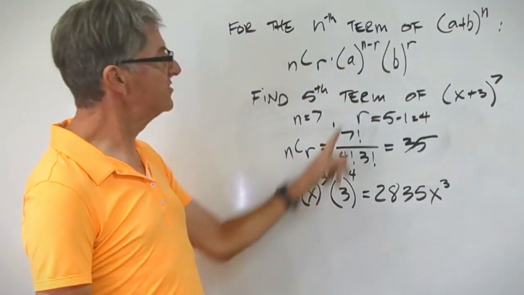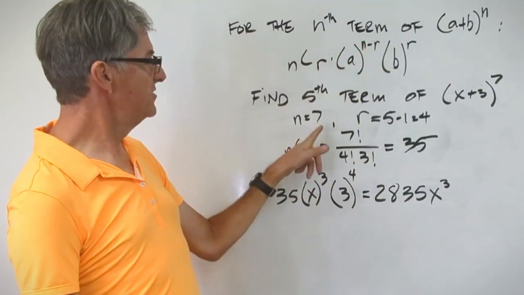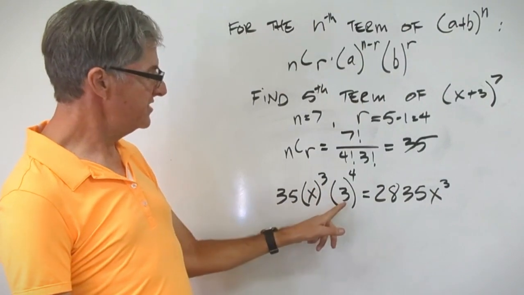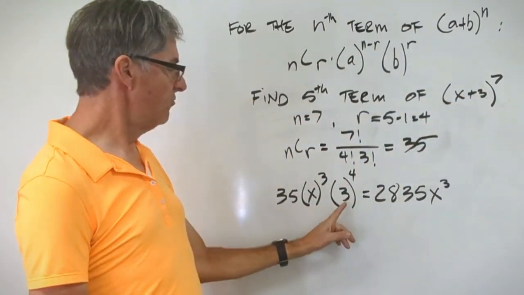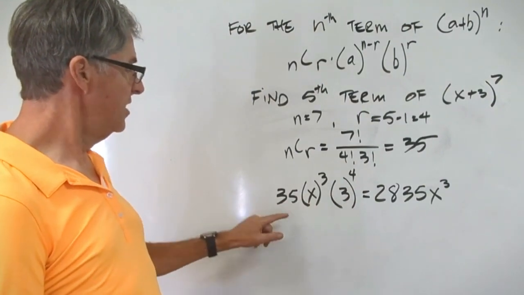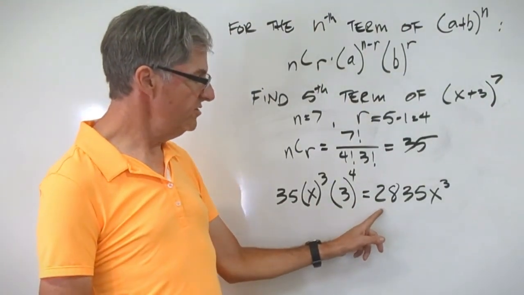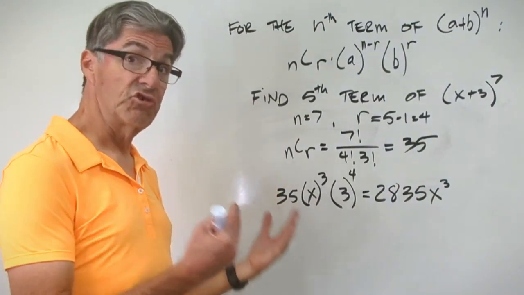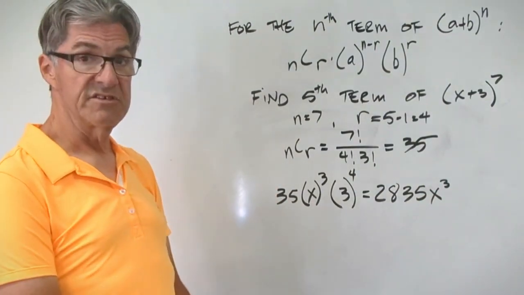So this would be x to the n minus r. So that's 7 minus 4. So it's x to the 3rd. And then it's the second component, which is my 3, raised to the r power, which is 4. And so when I crunch those numbers, I'm going to get 2,835x to the 3rd. So that's a pretty straightforward one of these calculations.